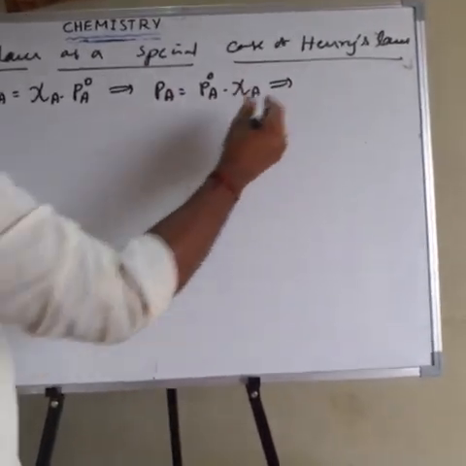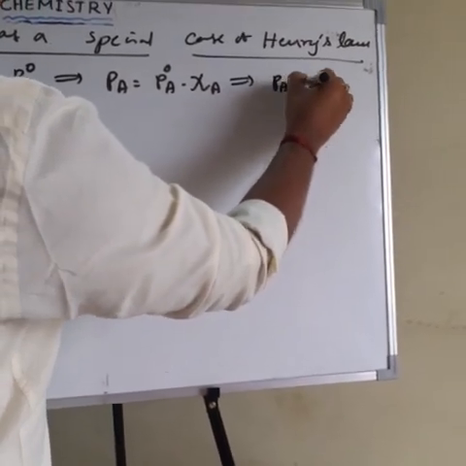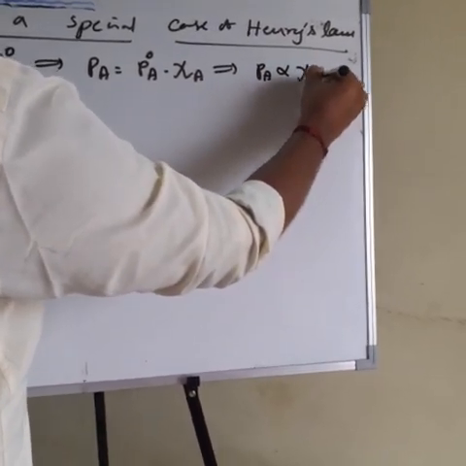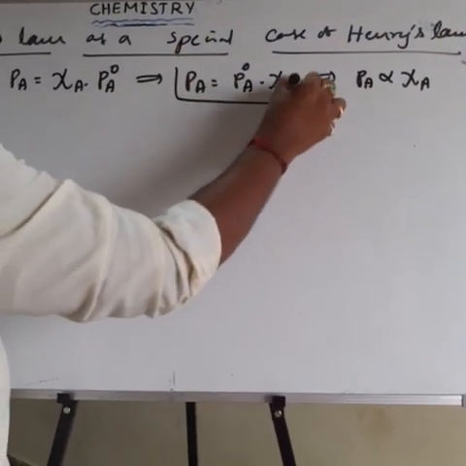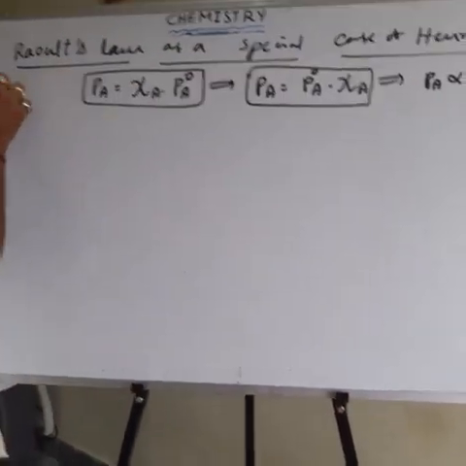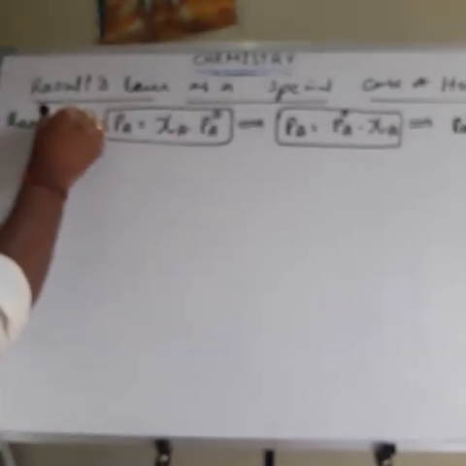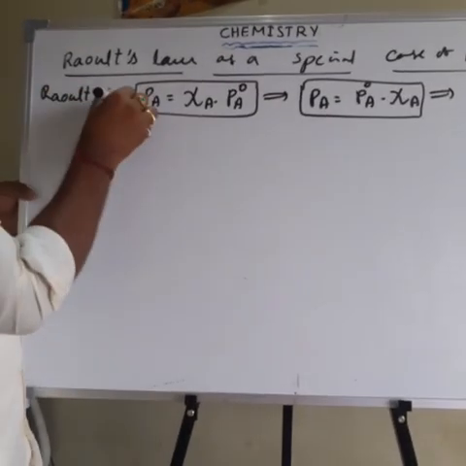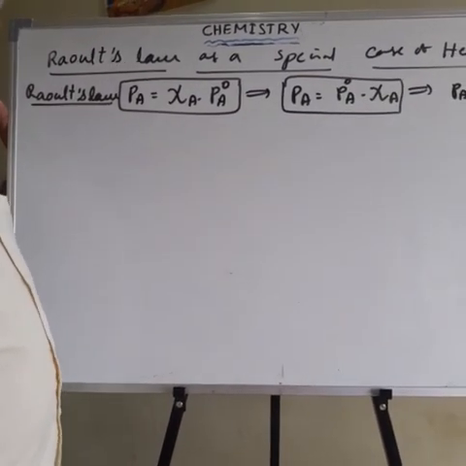To remove the proportionality constant, PA is directly proportional to the mole fraction of the component in the solution. So this is Raoult's law for the volatile component of the solution.